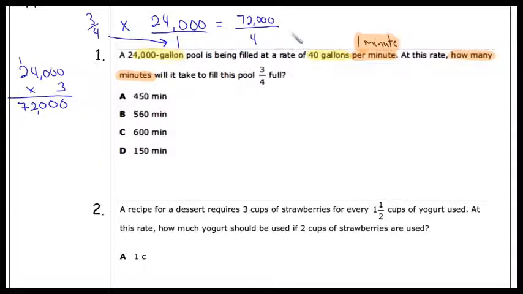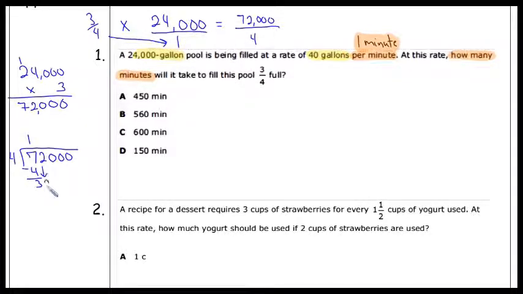Now this means divide, right? 72,000 over 4. So in order for us to change this improper fraction to a mixed number or a whole number, we need to divide, top in, bottom out. So here's going to be my division. 72,000, that's the top number, so that goes inside. The bottom number goes outside. 4 goes into 7 one time, that's 4. Remainder 3.